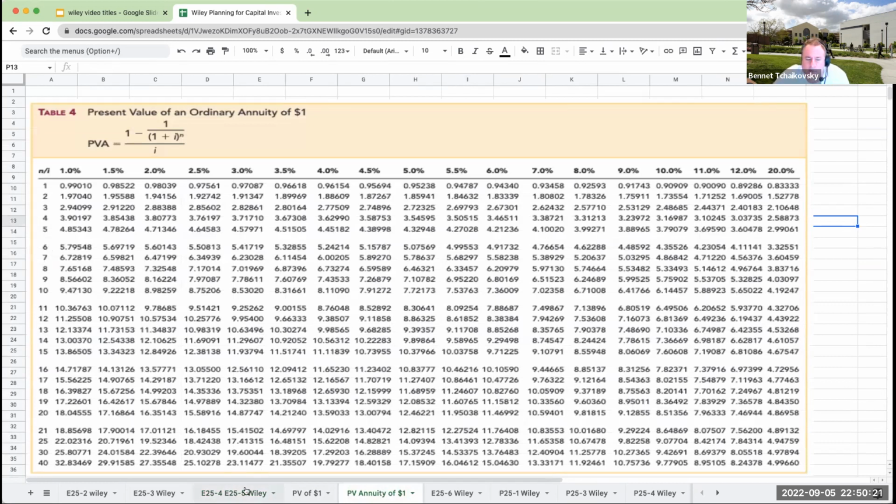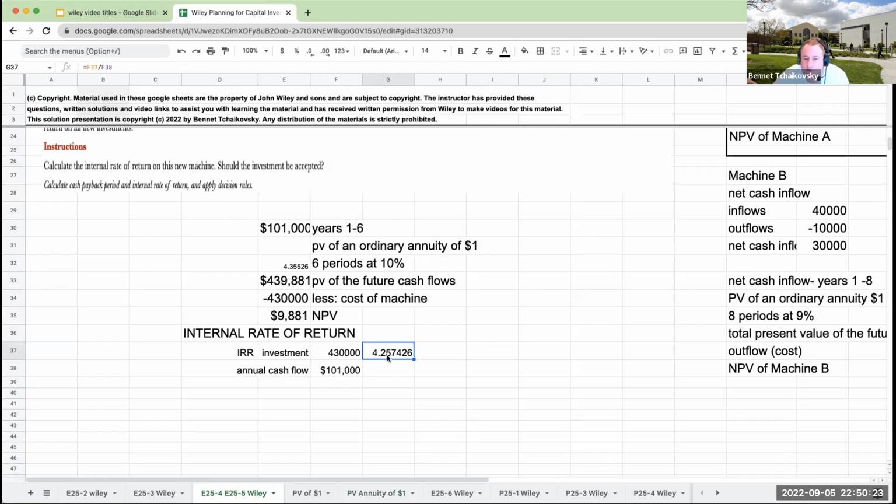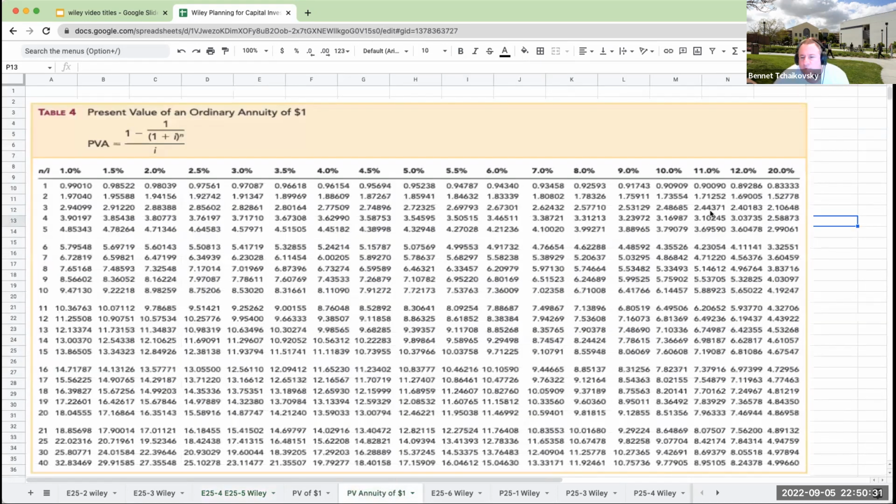And as we're looking for our number, it's 4.257426. And when we come over here, it's going to be somewhere between 10 and 11%, closer to the 11% side.